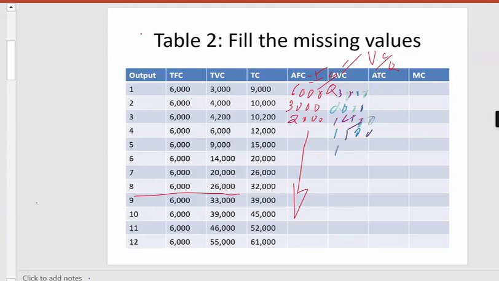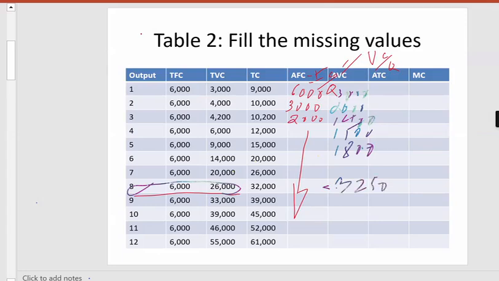Okay, what does it mean? Let's compute here, 26,000 divided by 8. I need this level here. 3,250.